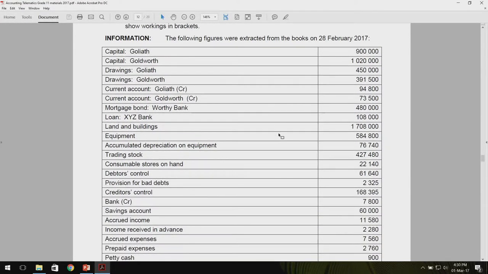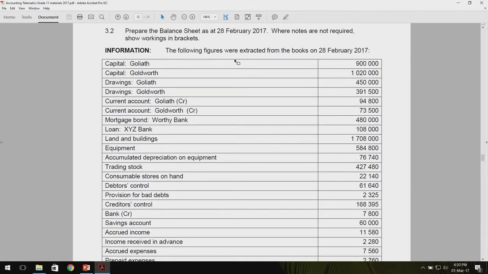Then, the following figures were extracted from the books on the 28th of Feb, the last day of the financial year. Can you see? Do you remember I explained to you the capital account? Capital Goliath and Capital Goldworth. So there are two partners in this company.